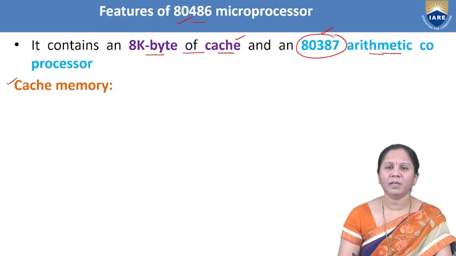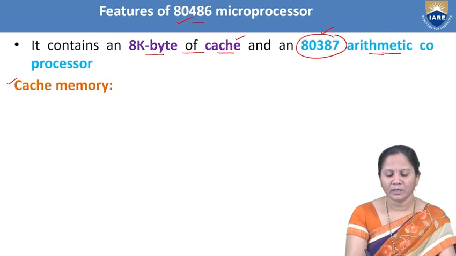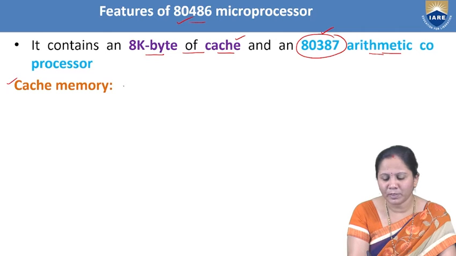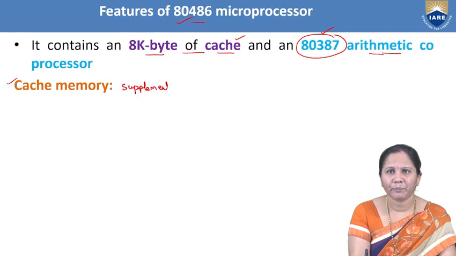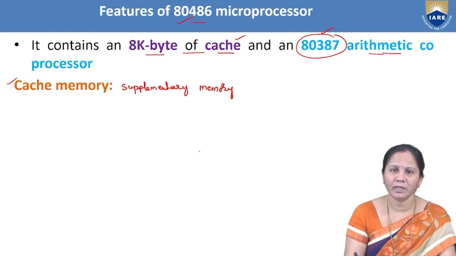That is the main purpose of using cache memory. You can also call this cache memory a supplementary memory.